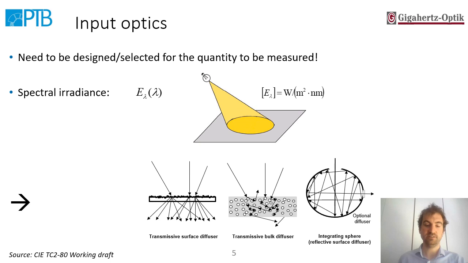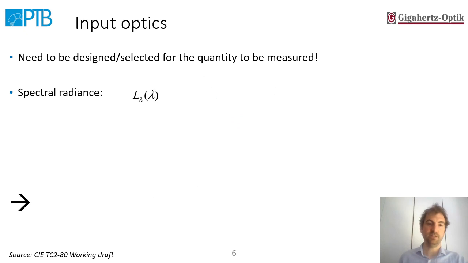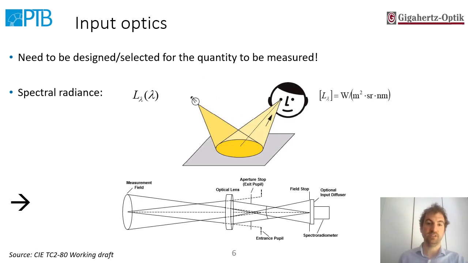These designs are needed for the input optics in order to measure spectral irradiance. We can do the same for spectral radiance, and here we will end up with some imaging optics. So these two slides showed you that the input optics are very important for the quantity to be measured.